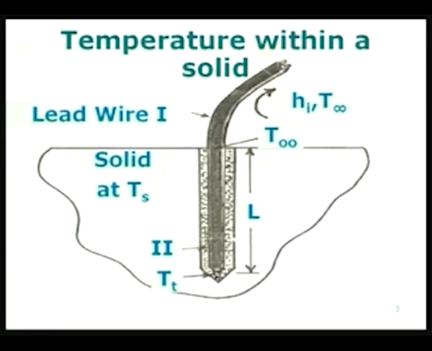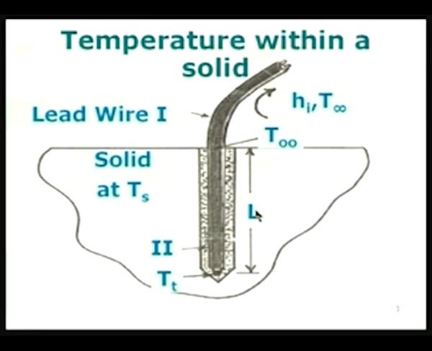Now, if you look at this sketch, I have drawn a deep hole and used some material of high thermal conductivity, so that there will be good thermal contact between the solid and the thermocouple wire which is going through the hole, so that the temperature difference between Ts and Tt is as small as possible. This can be done by the following. Number one, have a very good thermal contact between the cable and the hole which is drilled into the solid.